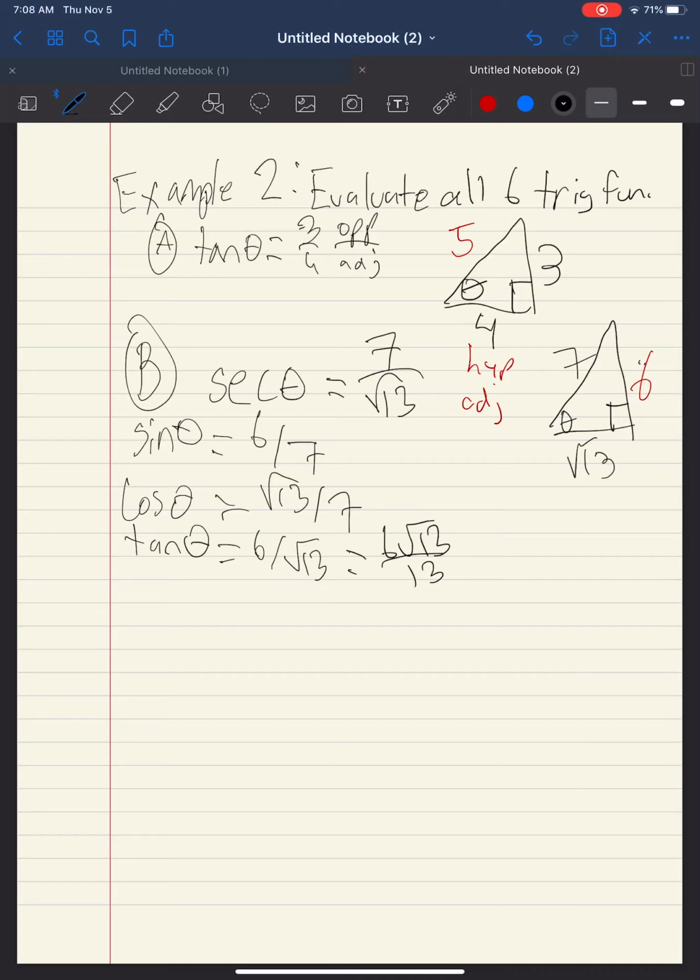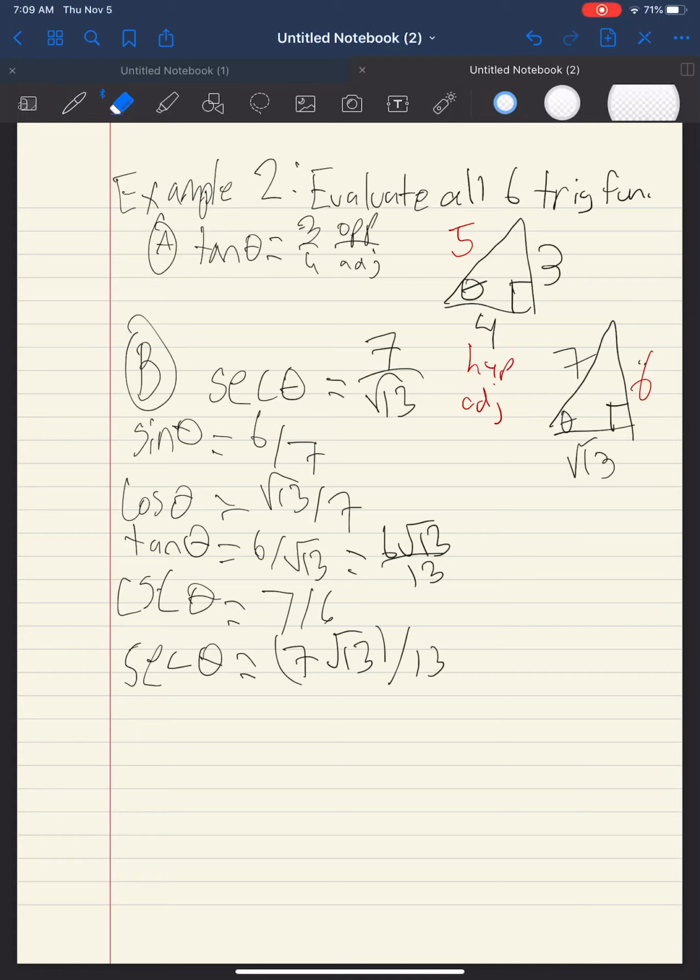And then cosecant theta is 7 over 6. Secant we got earlier, but I want to fix it because it's 7 over square root of 13, so we get 7 square root of 13 over 13, because remember, we have to simplify that.